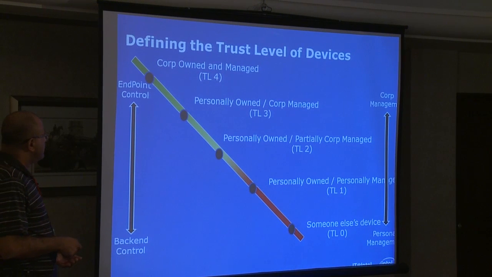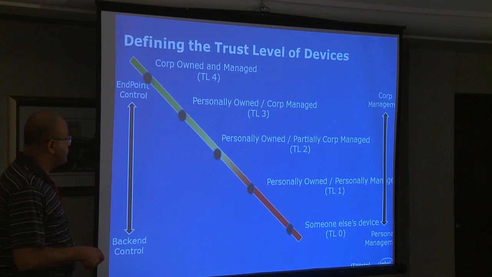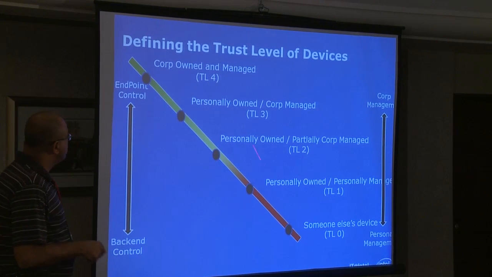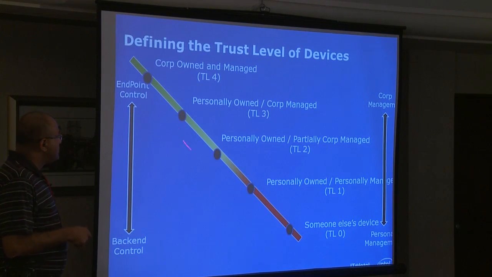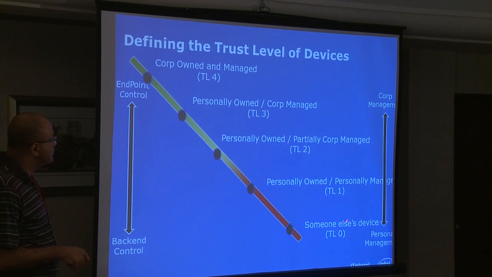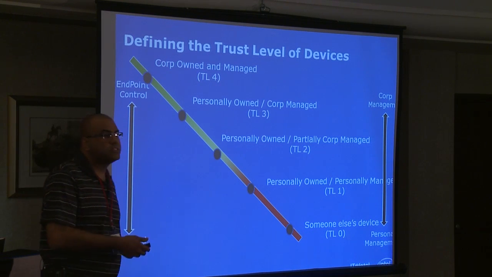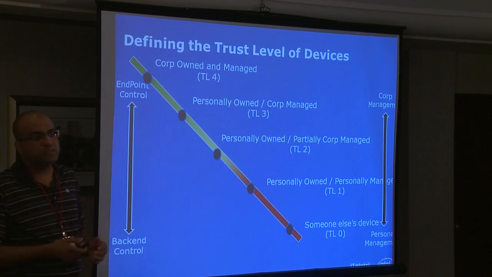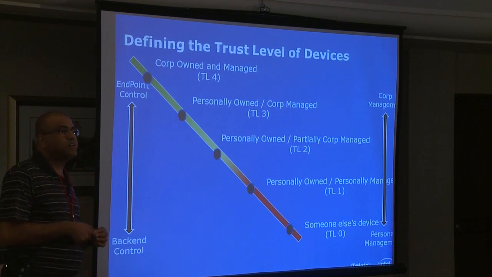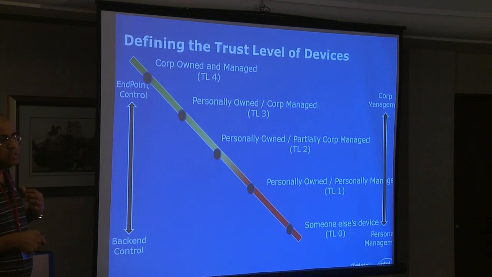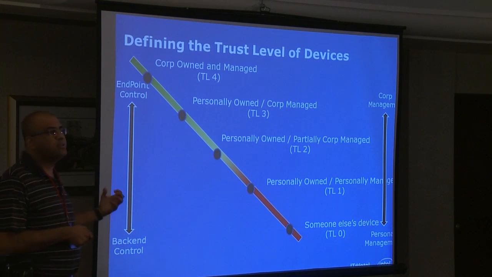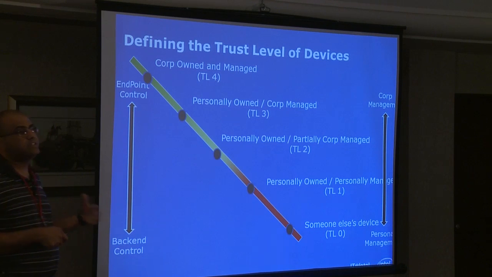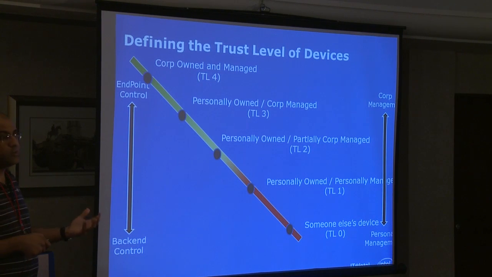We have 5 different trust levels defined, from trust level 0 to trust level 4. On the scale, for example, trust level 0 is when you're using someone else's device. So you're at a conference, you borrow someone's device, and you want to access some of your resources. We're giving that a trust level. And internally, we are dynamically calculating the trust level of the device every time the device is requesting a service. Based on the trust level, we can then provide the appropriate set of services.